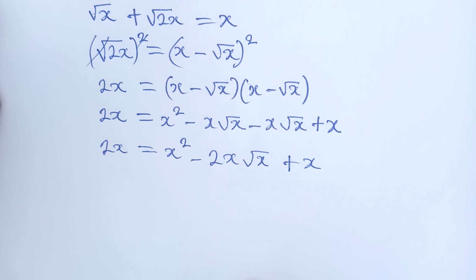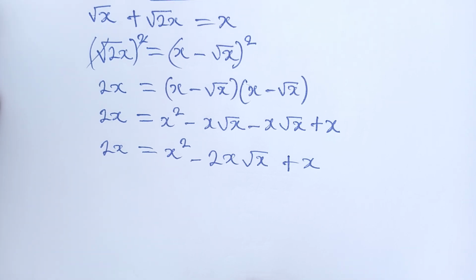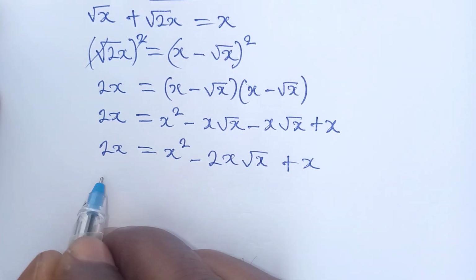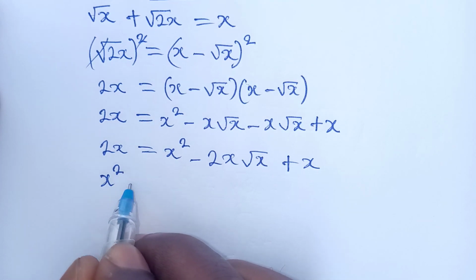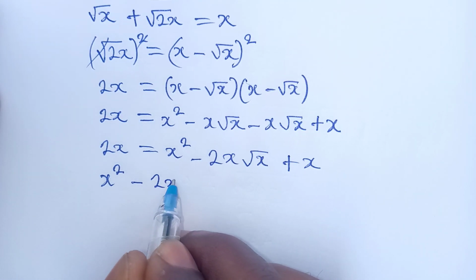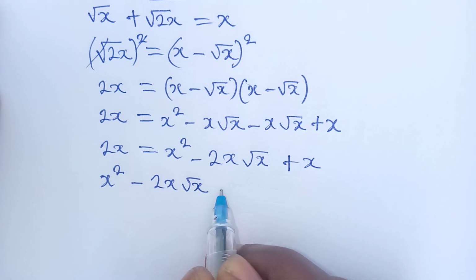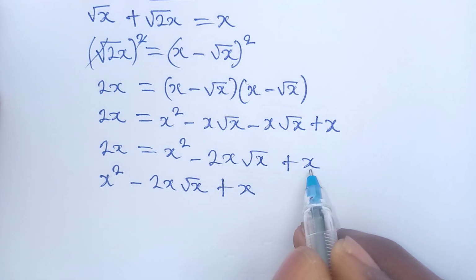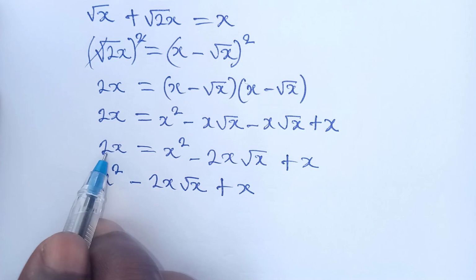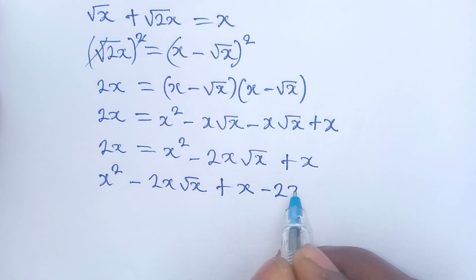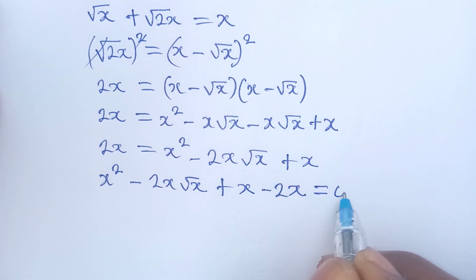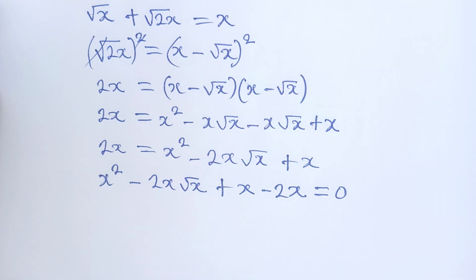Now what should I do? I can rearrange this, right? So I have x squared minus 2x root x then plus x, which is this, right? Then crossing over to this we have minus 2x, and this is now equal to 0, right?